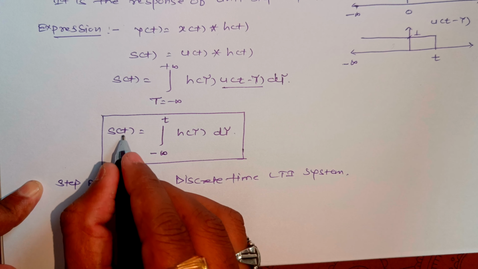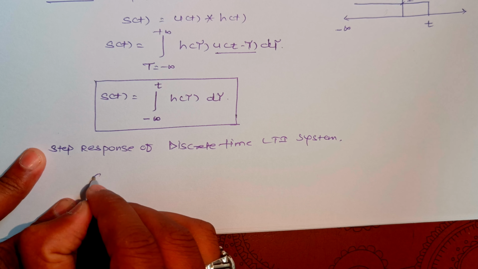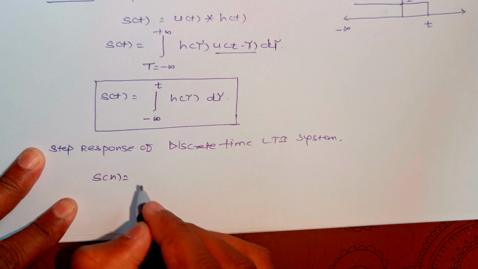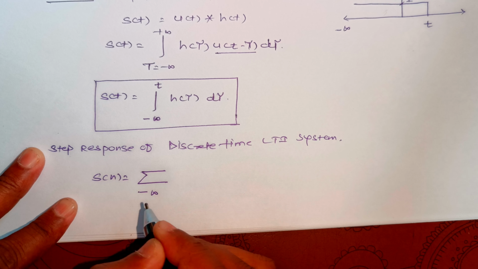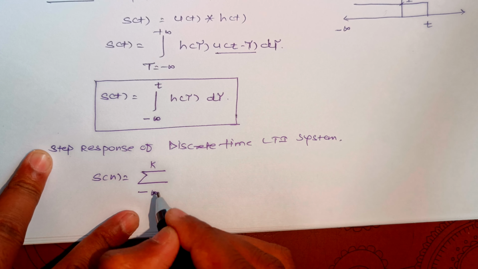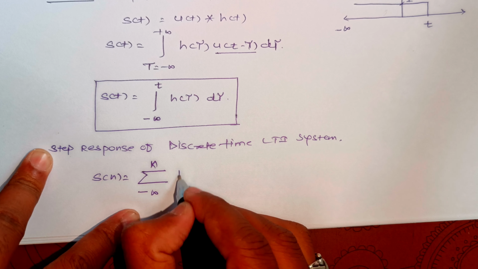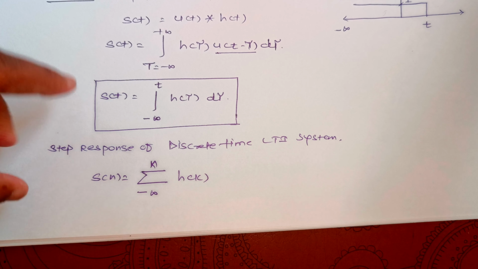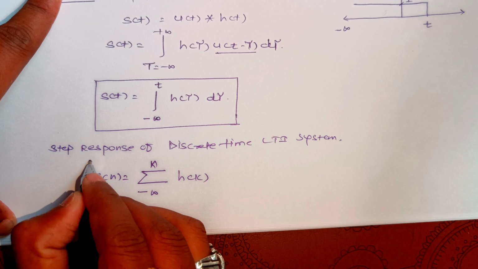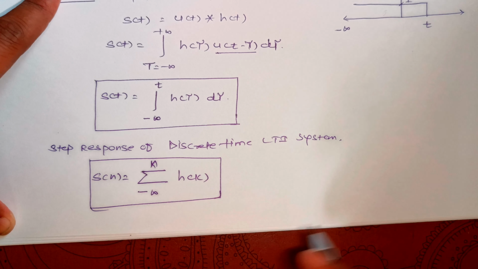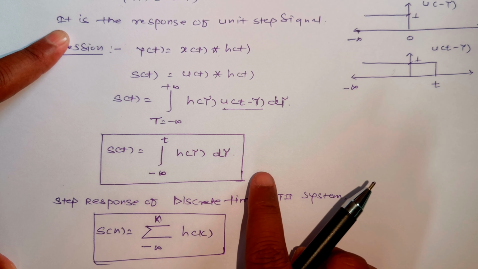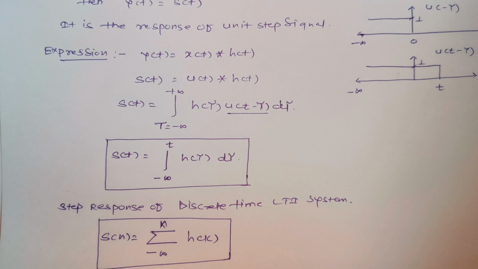So instead of s of t we can have s of n is equal to, instead of integration we can have summation from minus infinity to n of h of k. So this will be the formula for discrete time LTI system, and the earlier one is for continuous time LTI system.